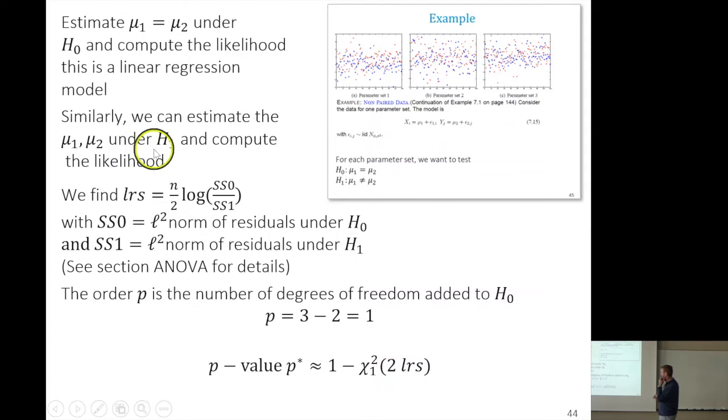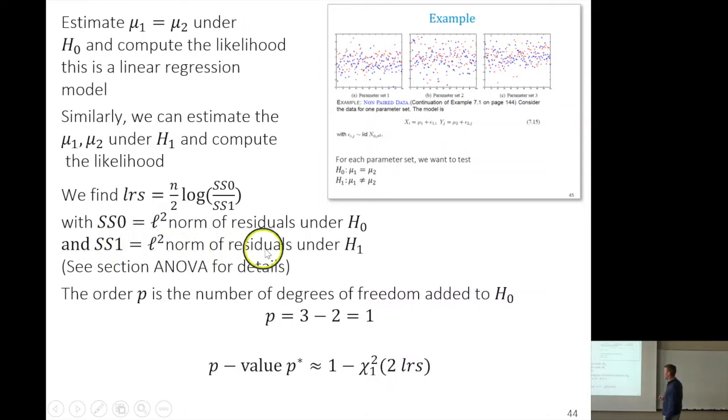And the log likelihood is related to the estimated variance, which in this framework is classically interpreted as the norm of the residuals under H0. It's the norm of the errors under H0. And this is called SS0, classically, for this type of test. So sum of squares: the norm of the residuals if we accept H0.